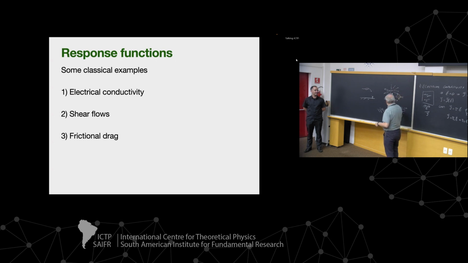And the Green tensor, instead of decaying like 1 over distance, I don't remember exactly, but it decays faster close to a surface. So you don't have too much long-range interaction if you're moving close to a surface. And if you have two surfaces, it's even faster.